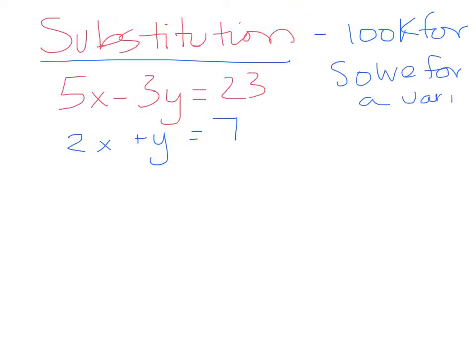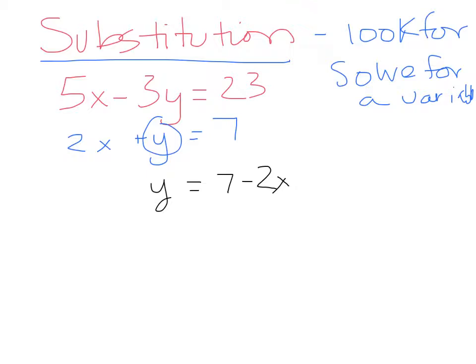And in this case, when I look at this, I say, oh, it would be pretty easy to solve for this y in the second equation because it already doesn't have a coefficient. So that's what I'm going to do. So I'm going to take this and say y is equal to 7 minus 2x.